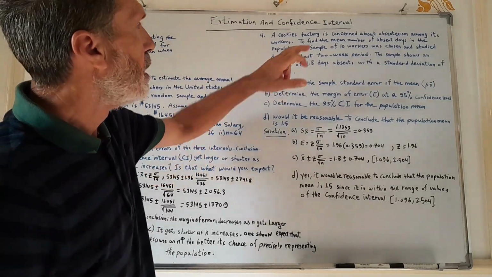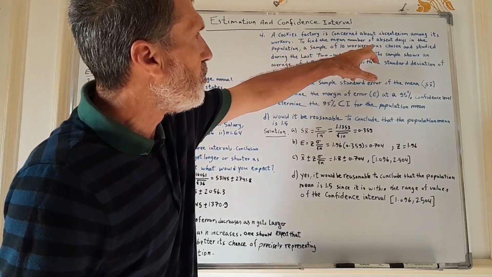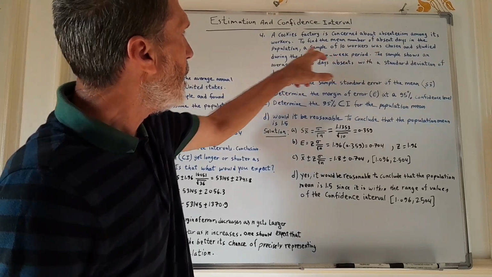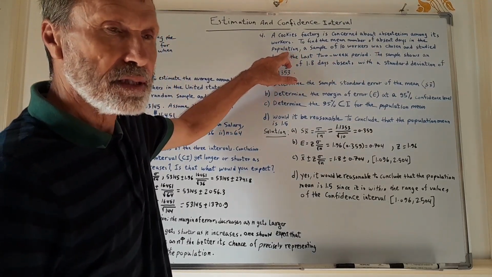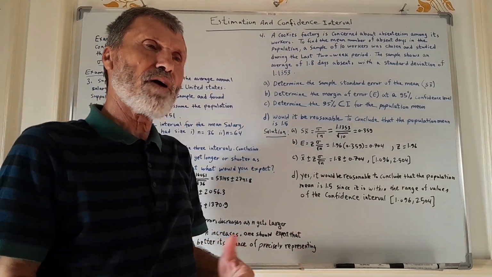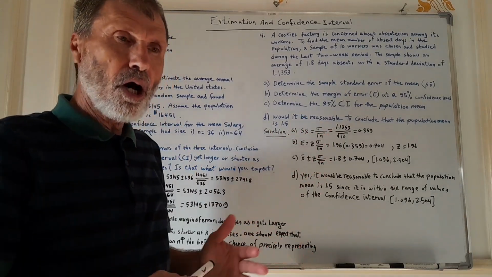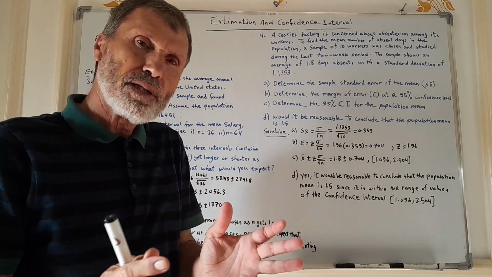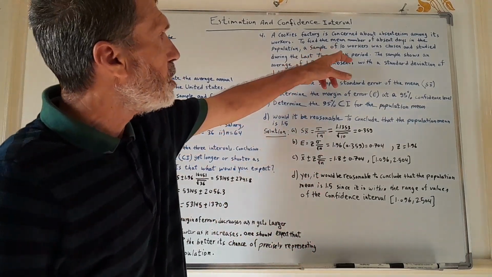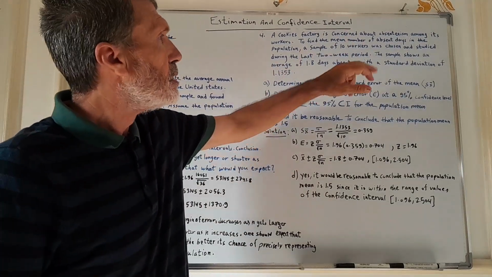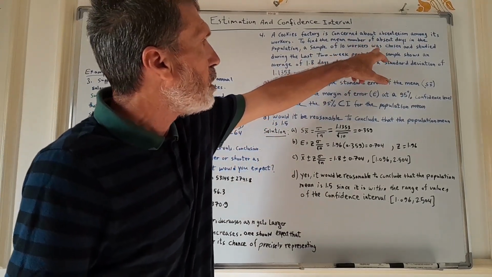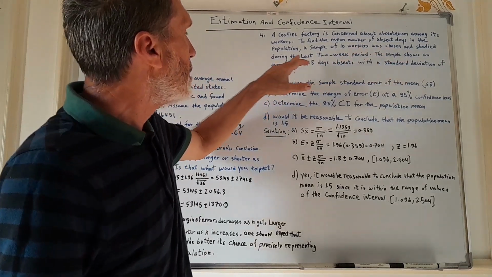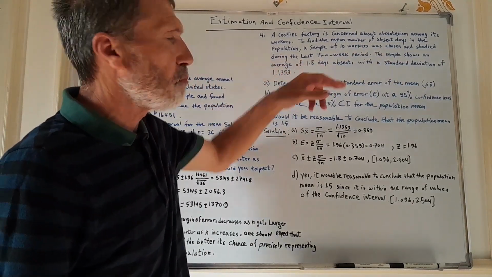To know the mean number of absent days in the population, all we have to do is take a sample. So we take a sample of 10 workers, chosen and studied during the last 2-week period.